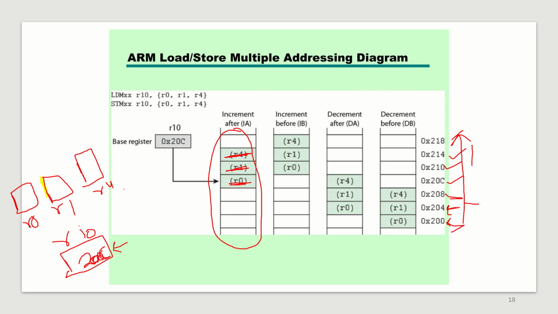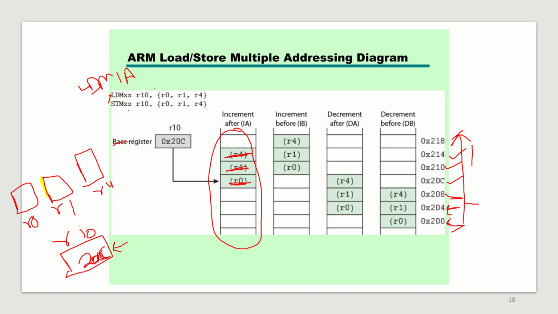Then we have LDM. Let us understand the load. LDM XX means we can write LDM IA or LDM IB or LDM DA or LDM DB. Let's first understand LDMIA.